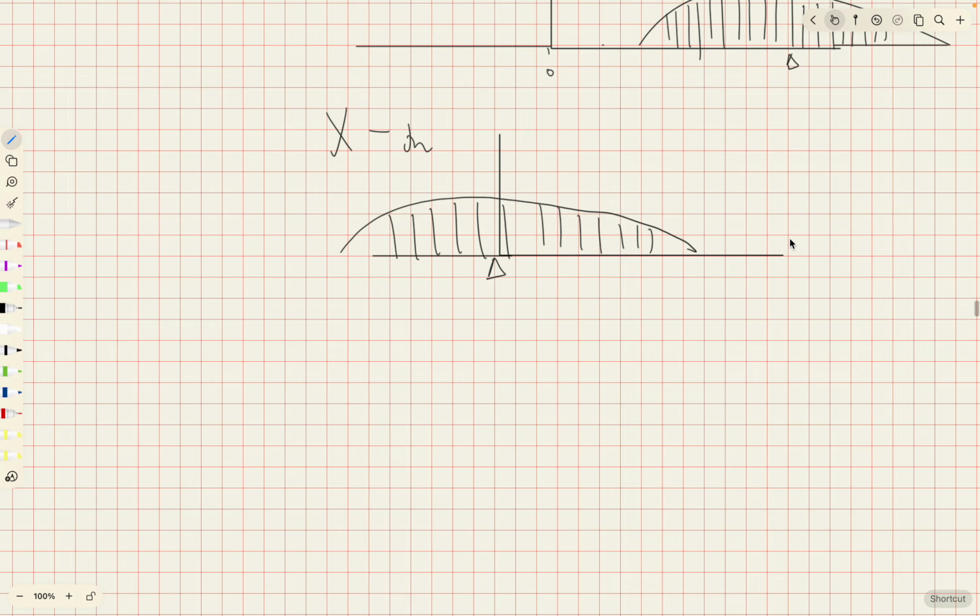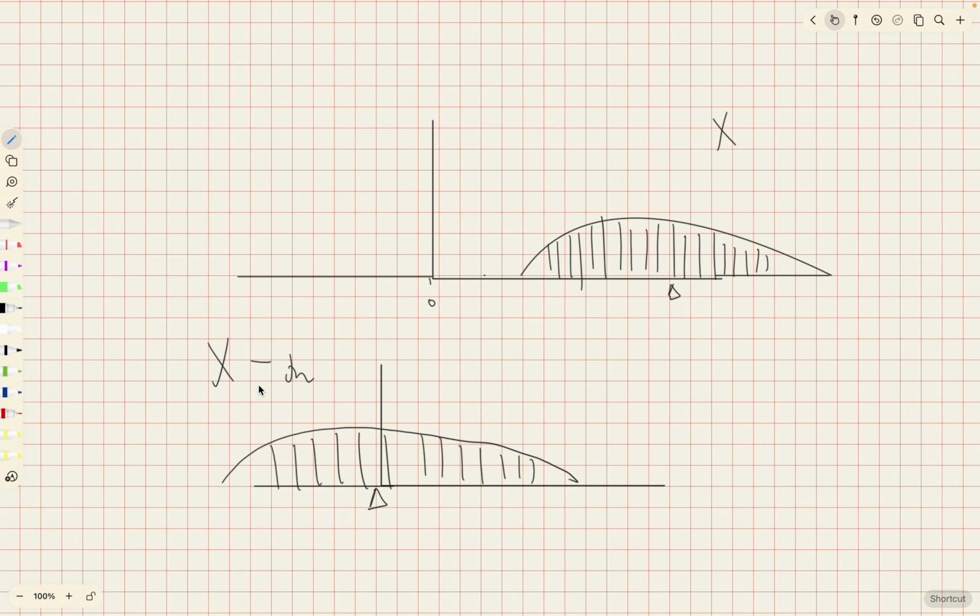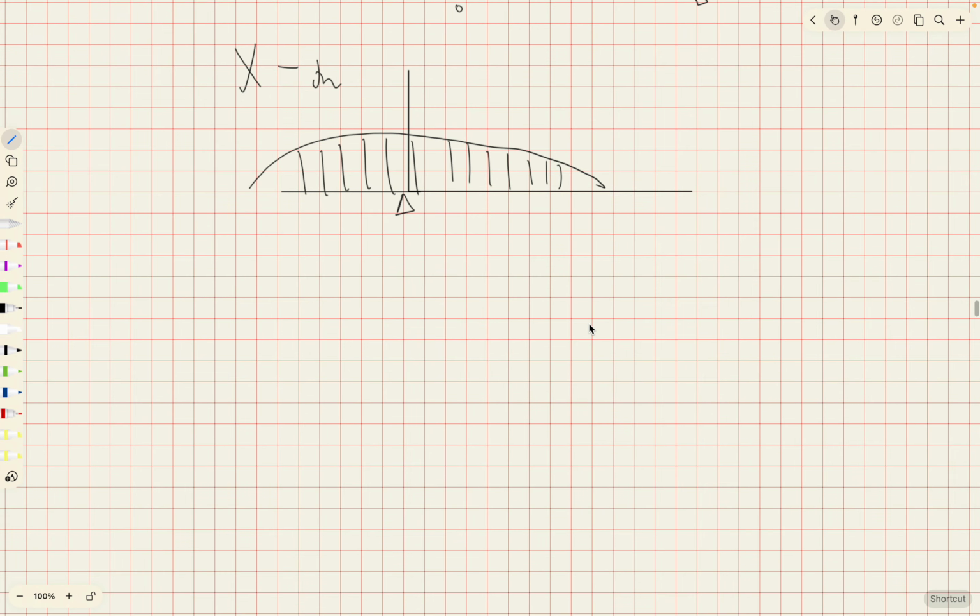And you can ask me why, when we do this operation, the expected value of the distribution becomes 0. And I'll tell you why. From the previous videos, you probably know that this is one of the properties of expected value, which is that the expectation of a sum is the sum of those expectations.